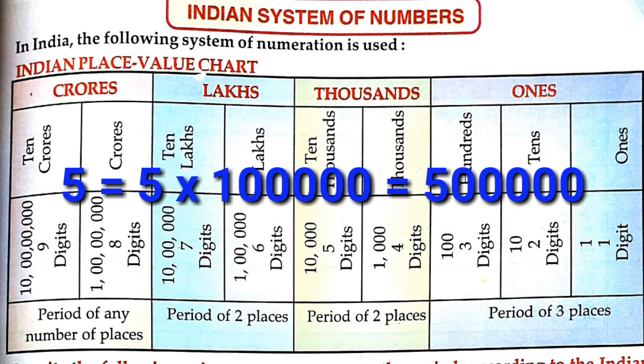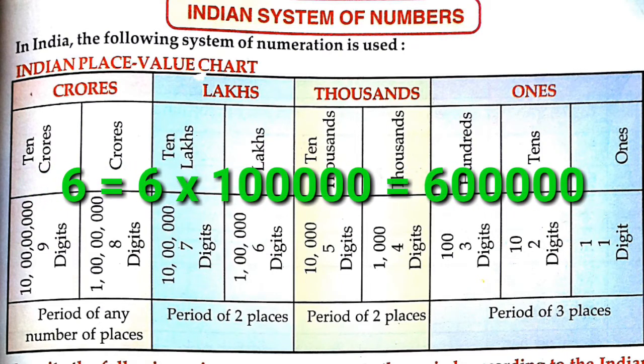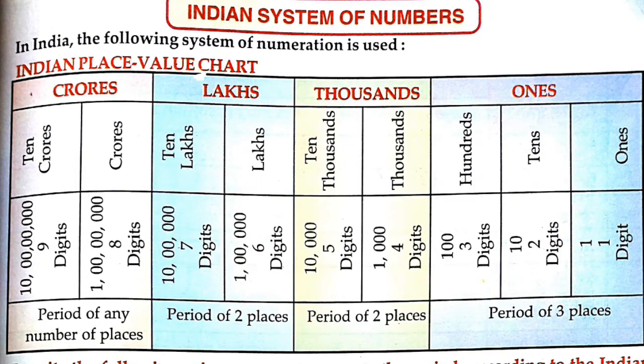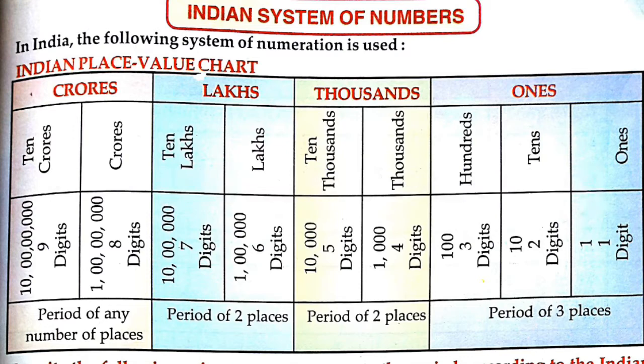If 6 is in this column, the place value is 6 lakh. Likewise, in the 10 lakhs column, if the number 5 is in it, 5 into 10 lakh equals 50 lakh. If the number 6 is in this column, the place value of 6 is 6 into 10 lakh, equal to 60 lakh.